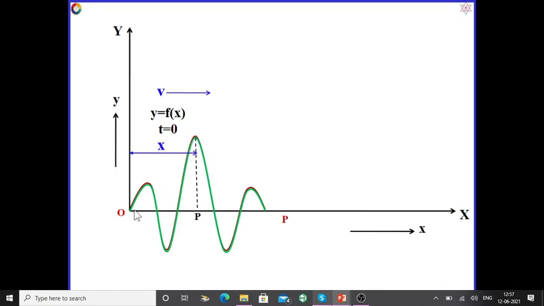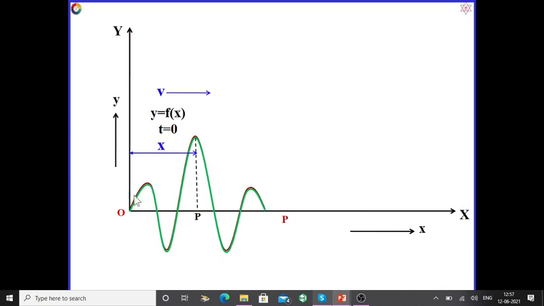Okay, that means with change of x, y also changes. That means here y is a function of x, right? Here y is a function of x. So this is the situation of this pulse, or this curve, you can say.